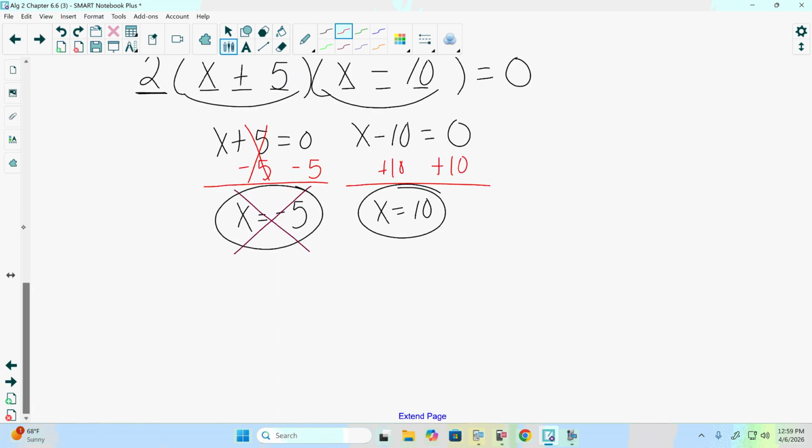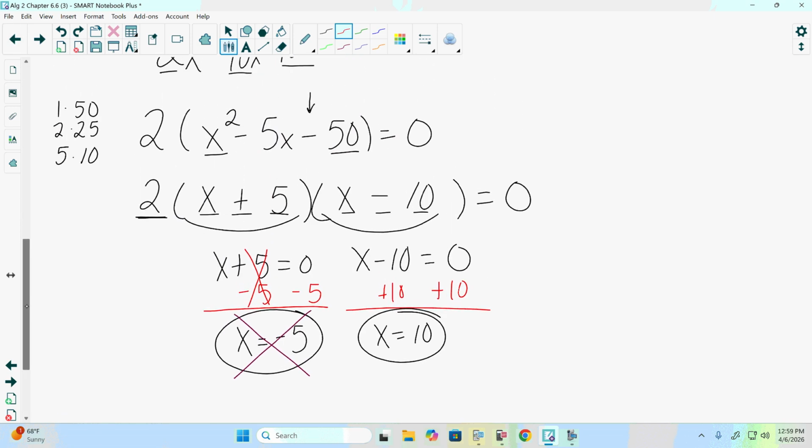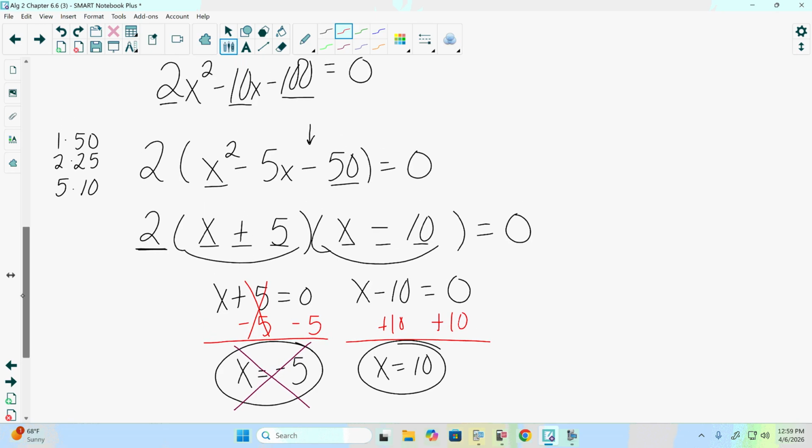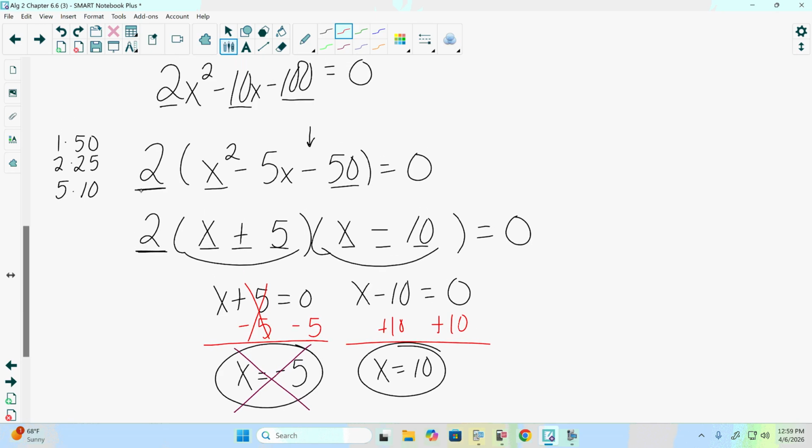Since we're solving, not factoring, because we're using factoring to solve, but our main goal is solving, did this 2 have any big impact on the solution? No. So is there anything saying that I can't just divide everything by 2, thus removing this here?